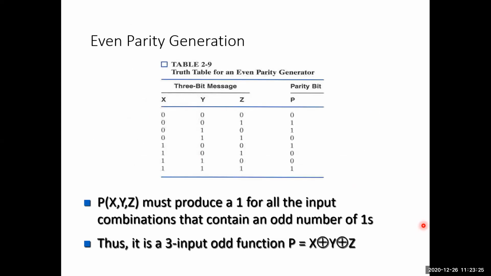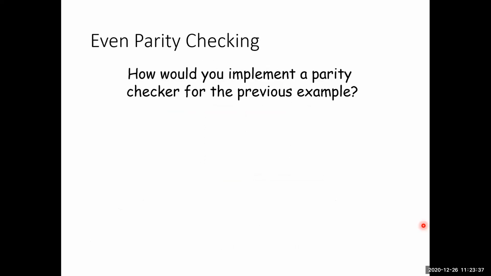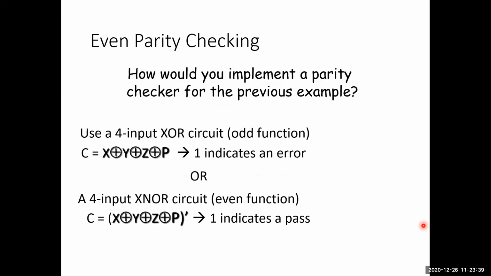So this is the truth table for the 3-bit message XYZ with the even parity generator. This even parity checking can be done with the help of this 4-input XOR gate for the odd function. For the even function, you'll be using a 4-input XNOR gate.